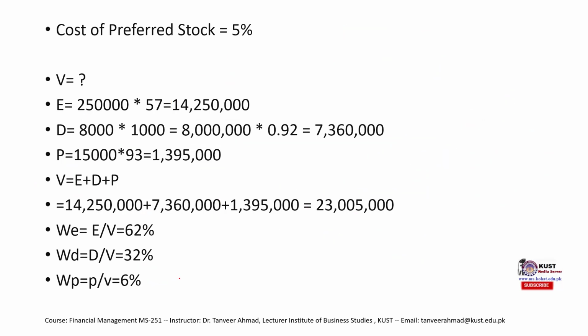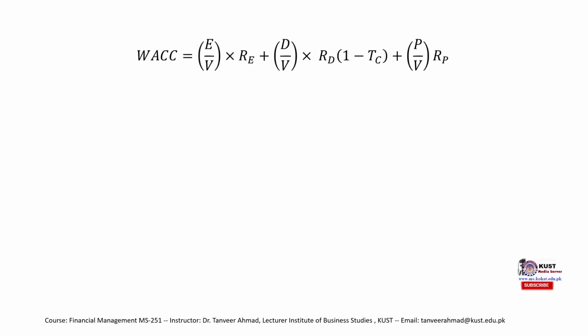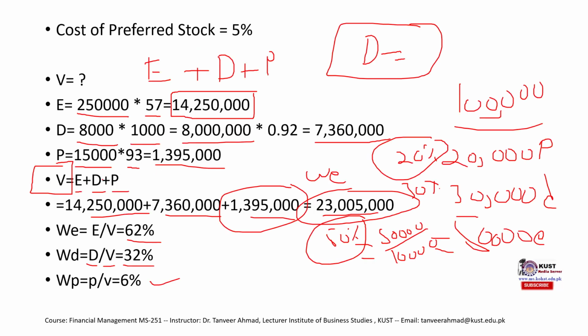Now once we have the weights, we just have to input them in the Wacc formula. So the Wacc formula is E divided by V times the cost of equity. But if you remember, we have already done this previously. So E divided by V is 62%. We have already done it separately. You can either do it directly in the formula, but it gets messy because of large amounts.